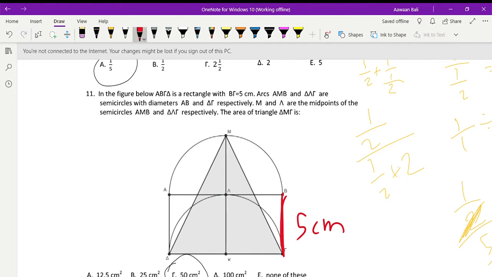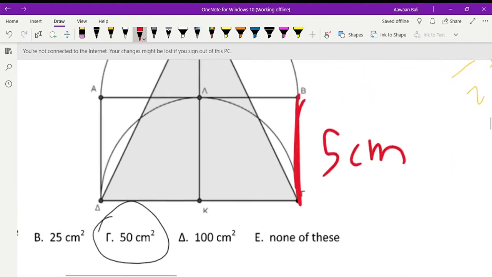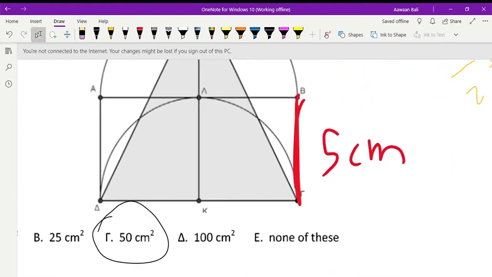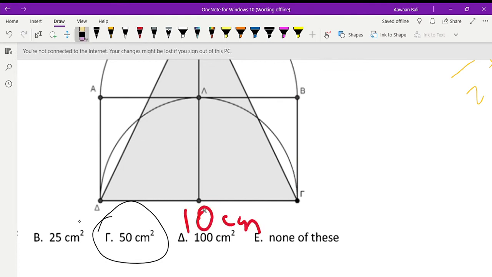Now this is going to be easy because when you look at this, so you have 5, so that means this side is also 5 centimeters, and these two are congruent squares, so you will get the base here to be 10 centimeters. Since if this matches up with this, then yes, you get the idea.